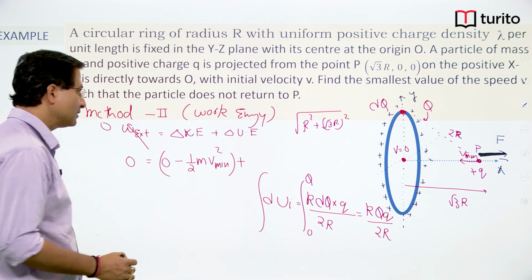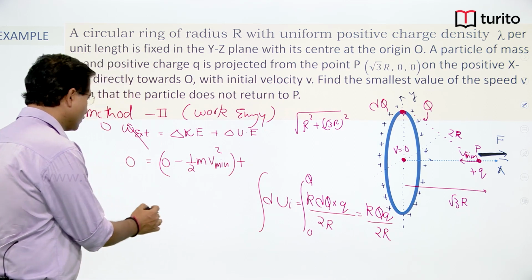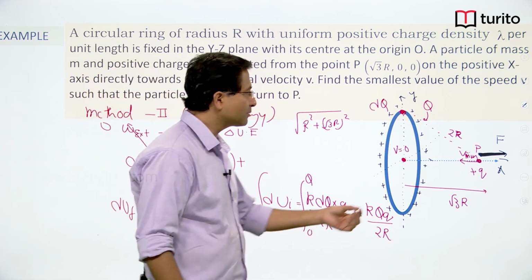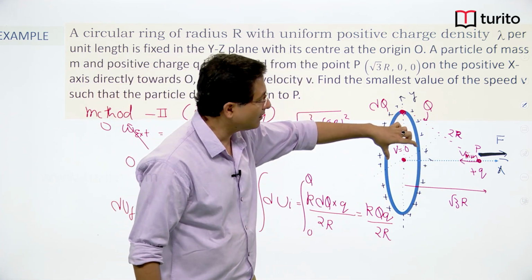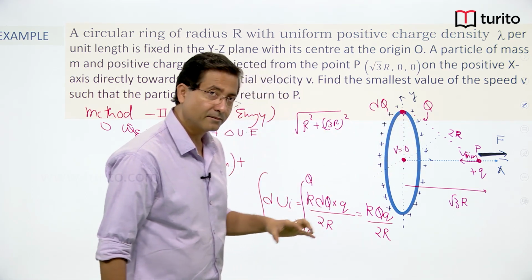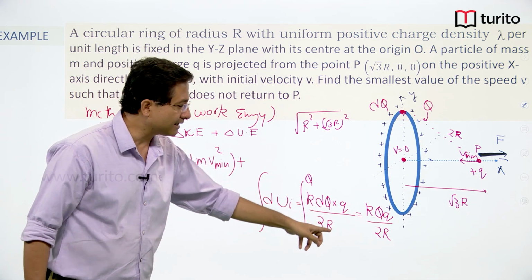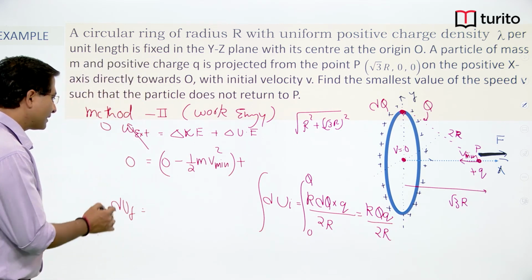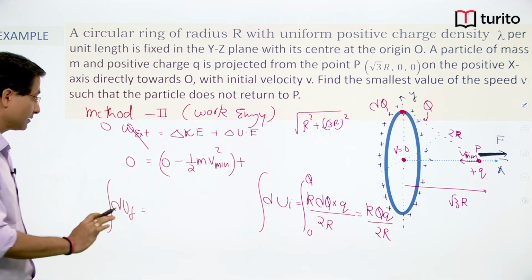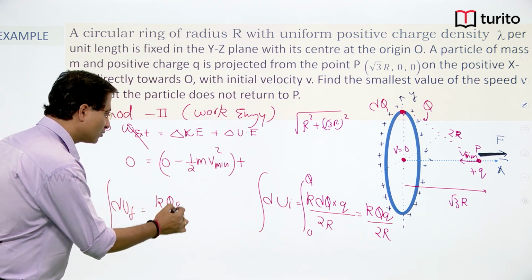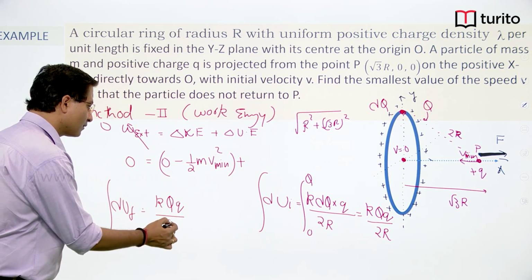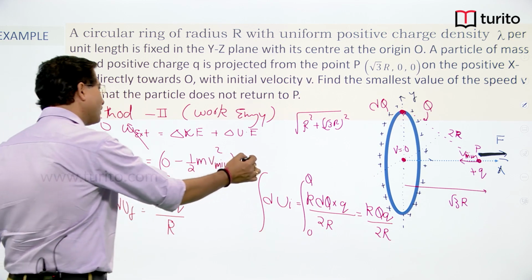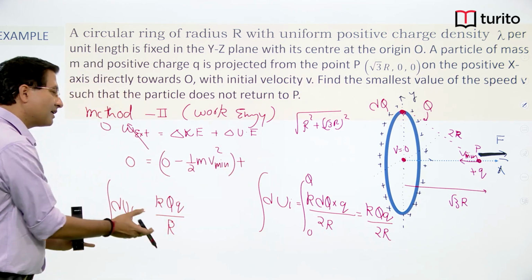Now final energy, similarly I can write final potential energy associated. When this charged particle comes to the center, this gap will be R for all the elements. That means same expression I will get, but instead of 2 R, now I will get R. So I can directly write after integration, K Q q divided by R. So if I substitute final minus initial, finally this is the energy.